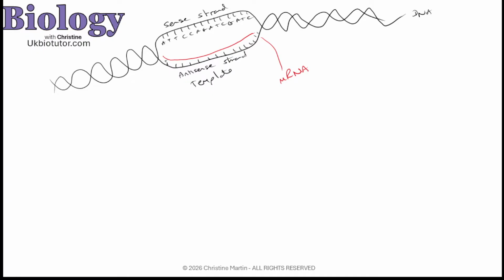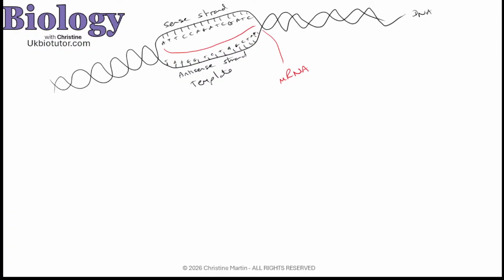So A pairs with T, T pairs with A, G pairs with C. The antisense strand goes G, T, C, T, A, G, C, T, A, G. So that's my complementary antisense strand for my sense strand.